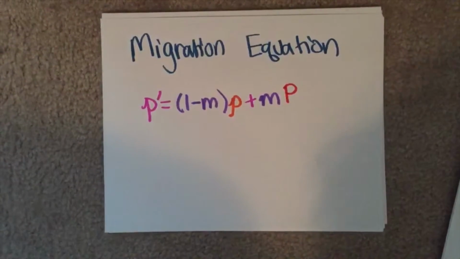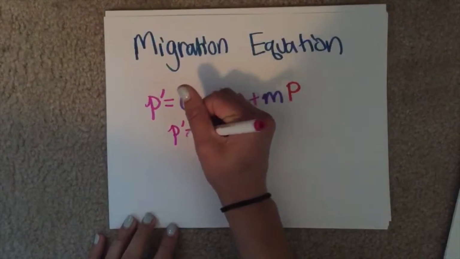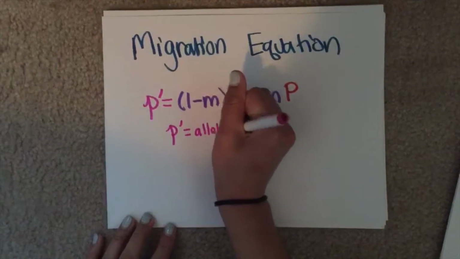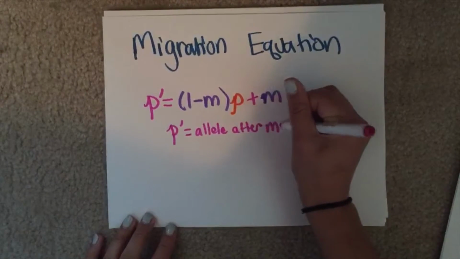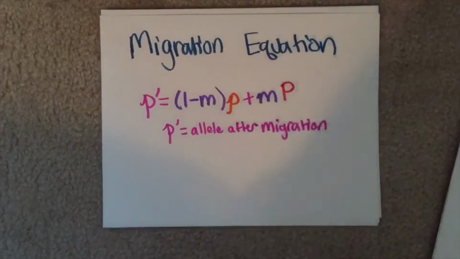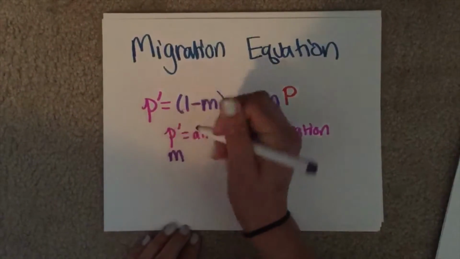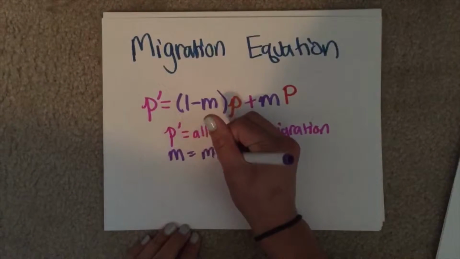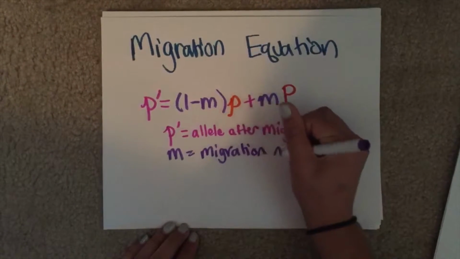Now I'm just going to write out these variables one more time. So P prime, remember, is the allele frequency after migration. So that is what you're looking for. M is the migration rate, and this is usually given in the problem.